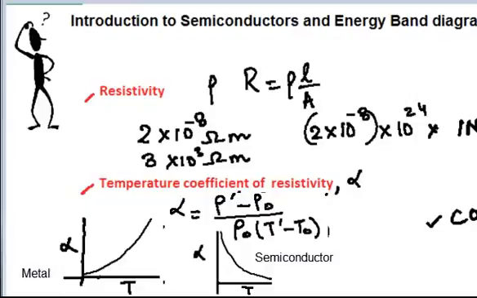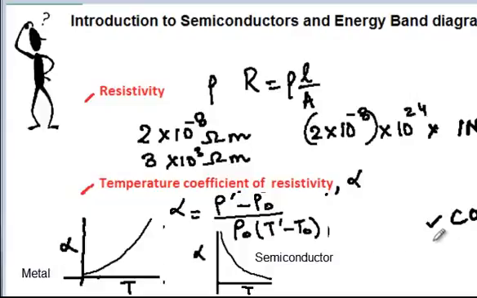So the number of charge carriers seem to increase if the temperature is high in case of a semiconductor, but in case of a metal, at higher temperatures the resistivity is more, because the disorder within the metal increases, the number of collisions become more frequent, so the resistivity increases with the rise in temperature.